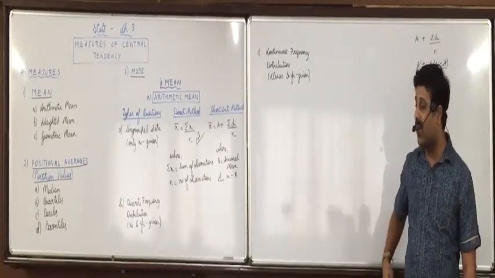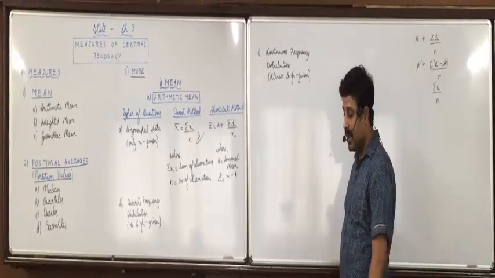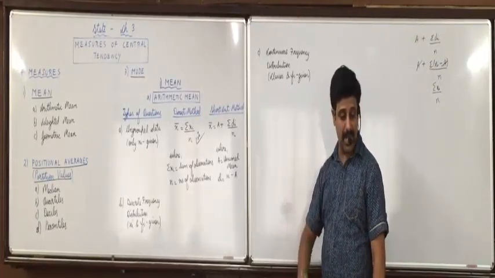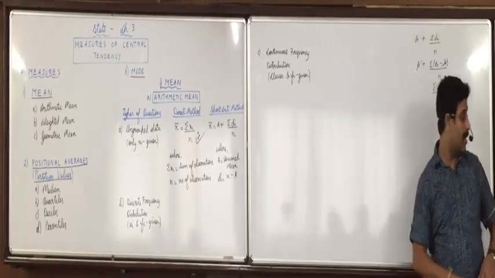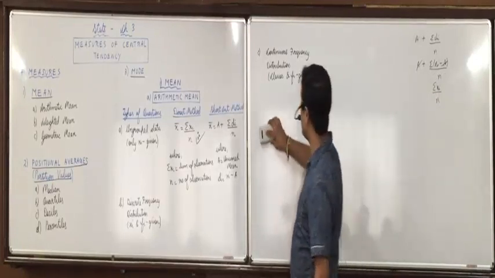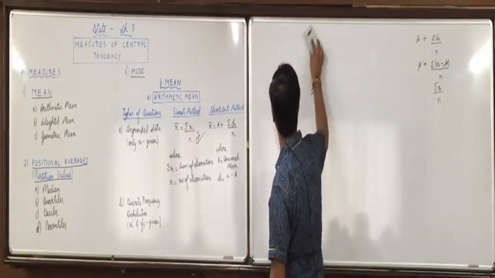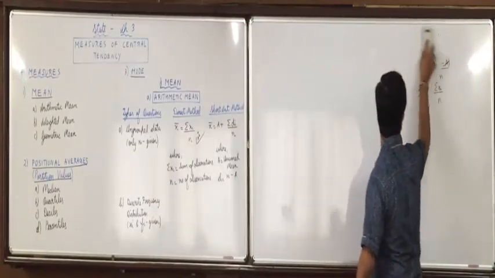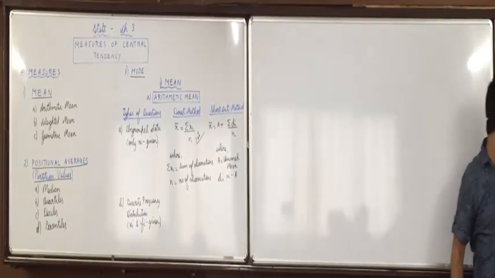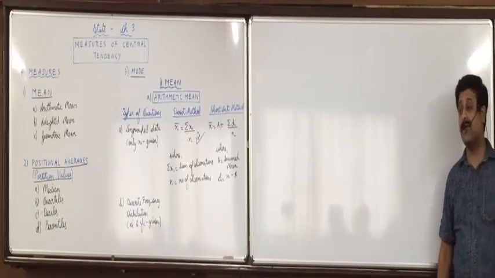Formulas will all come in the beginning of your notebook chapter. All the formulas will be written in these 5 pages which I told you to leave. So right now I'm erasing this continuous. When we come to that, we shall be doing it tomorrow. That time I'll give you the formula. But you are all clear with the 3 types of questions that are possible. One is ungrouped data, only observations will be given.